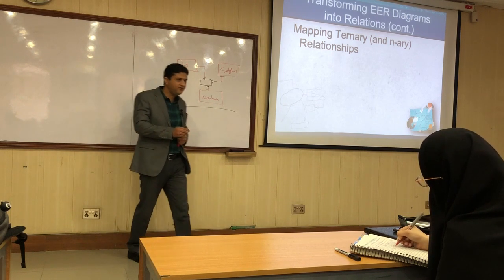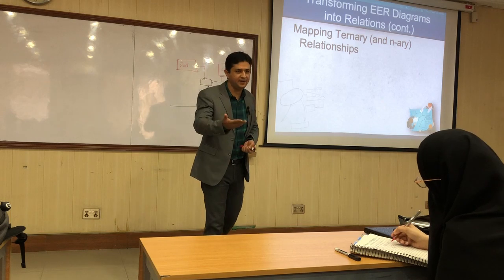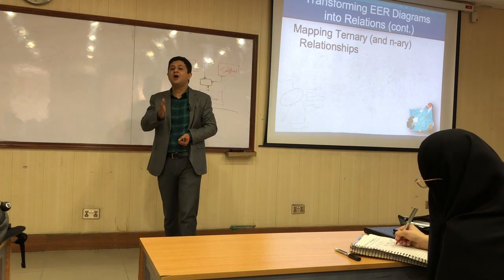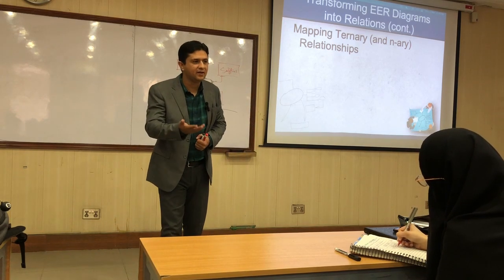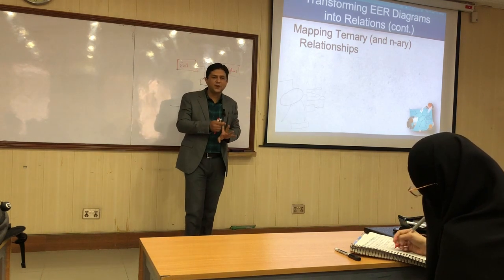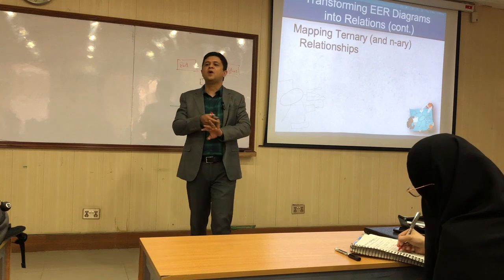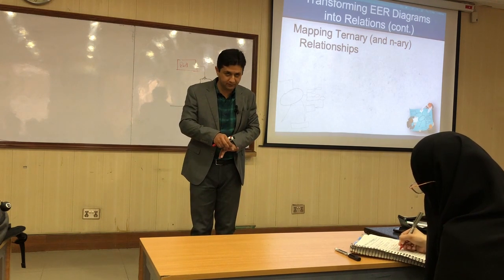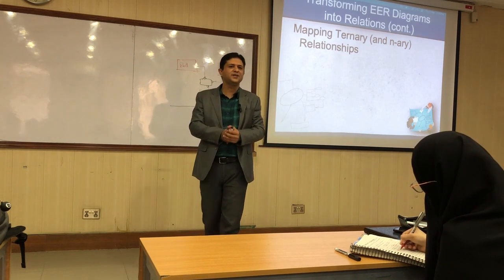So this is if we have already converted. If we have not, then again we'll have 4 relations: one for each participating entity and one for the relationship or for the associative entity.